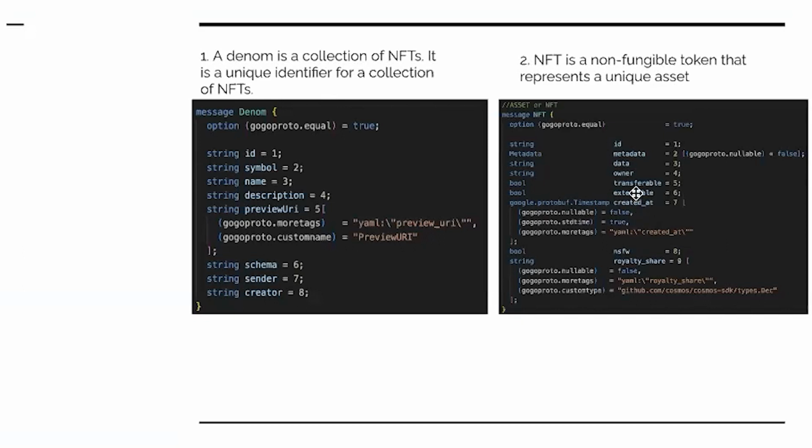Transferable and extensible are the features that determine whether we want to make the NFT transferable or extensible. The owner field will store the address of the owner of the NFT. We also need to store the created timestamp at which the NFT was created, and the royalty associated with the NFT. So these are the parameters that will be used for defining a particular NFT.